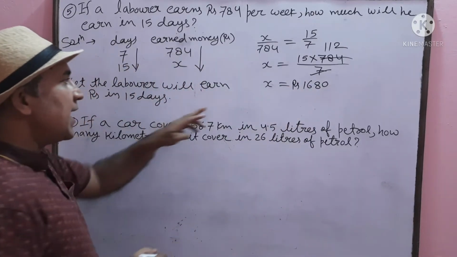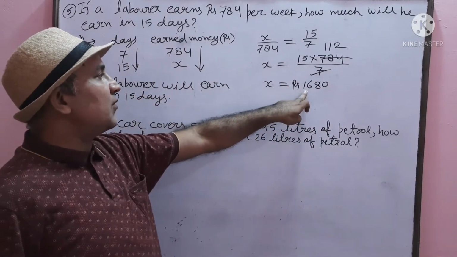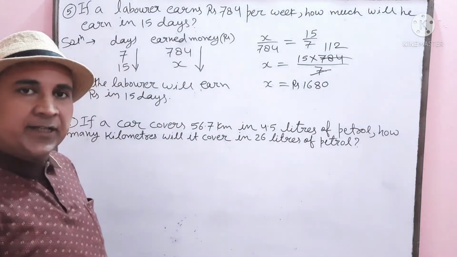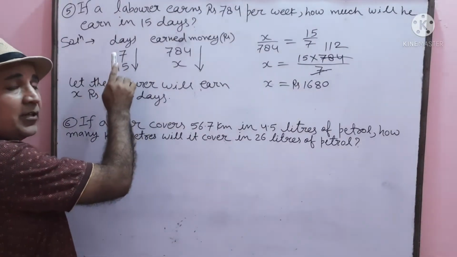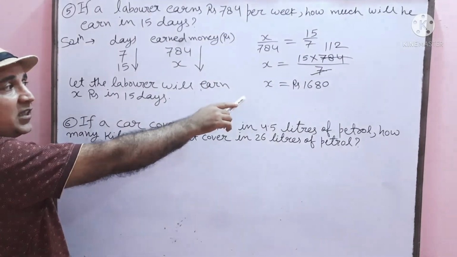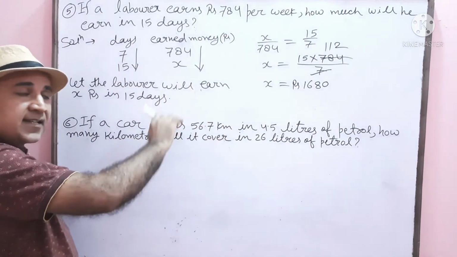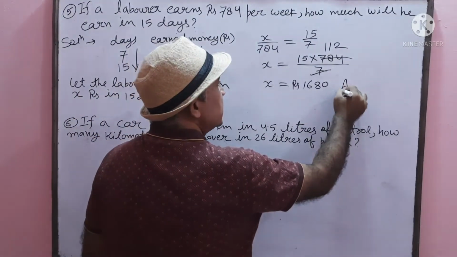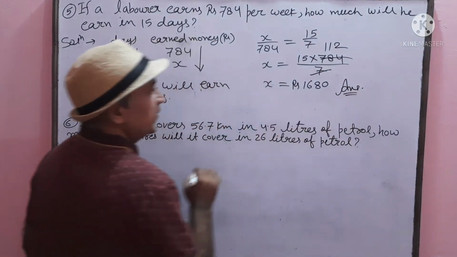That means X is equal to rupees 1680. That means the laborer will earn 1680 rupees in 15 days. This will be your answer.